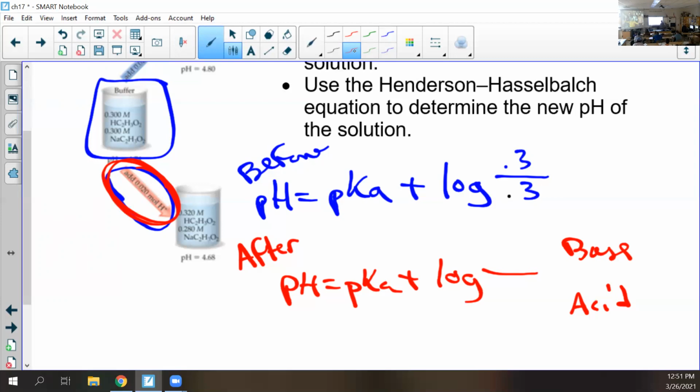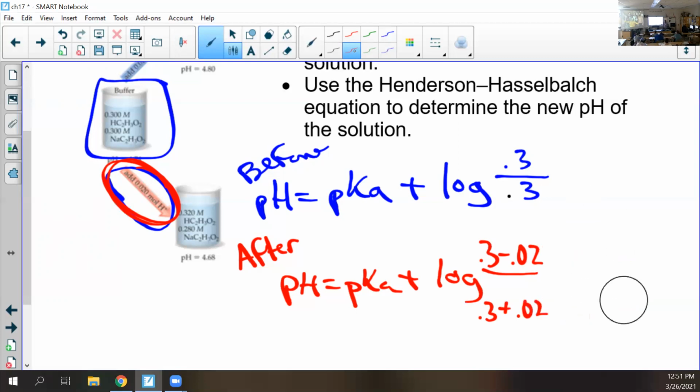So it was 0.3, but it's going to go down 0.02. This was 0.3, but it's going to go up 0.02. It makes sense. Okay. So now we plug them in and we'd be ready to roll.